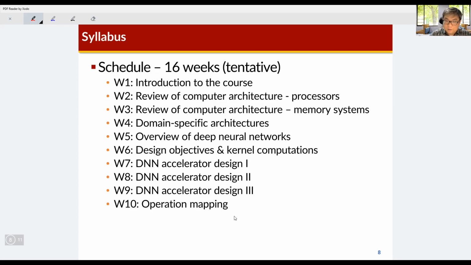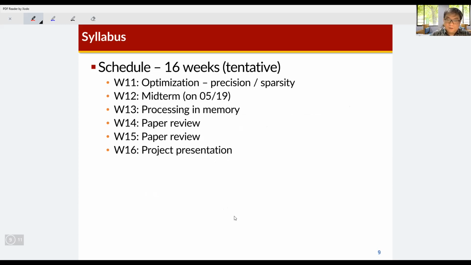Then I will briefly introduce some domain-specific architectures or domain-specific processors. As I explained, what will be covered in this course is an overview of deep neural networks, the design objective, some accelerator design issues, and then operation mapping and optimization.